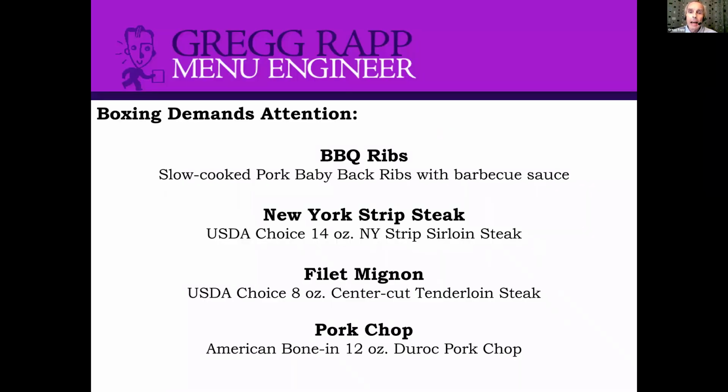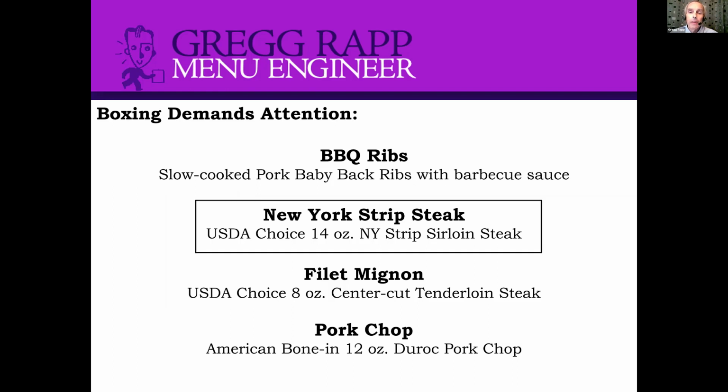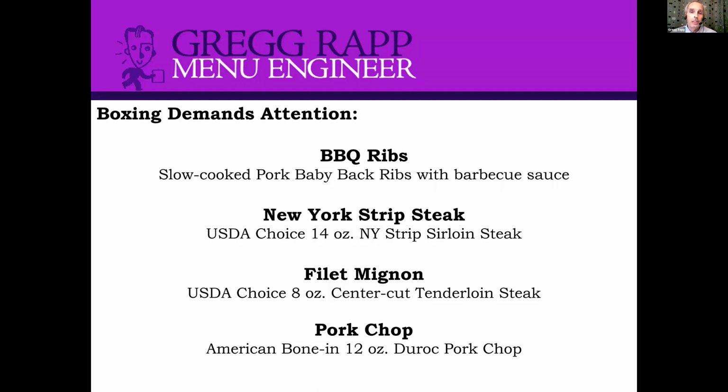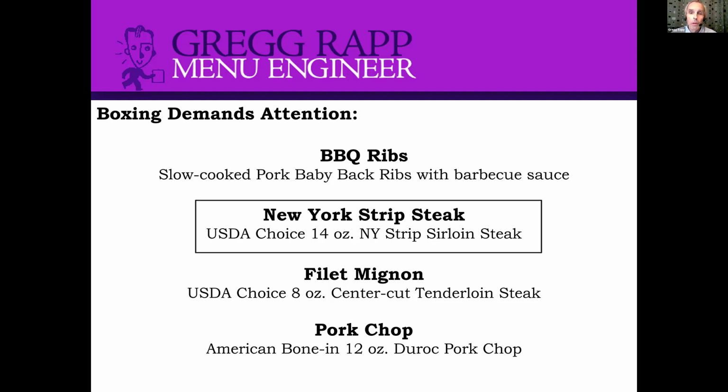Now we might add boxes. Notice how when we put together items like this and then we add a box to it, the box draws your eye. An eye is drawn because when you see a sea of type or a sea of descriptions, your eye is going to go over it, but when you put a box around it, it will direct your eye to it.